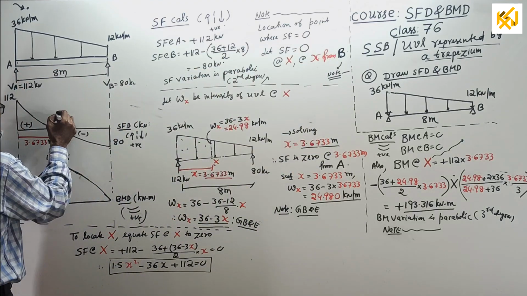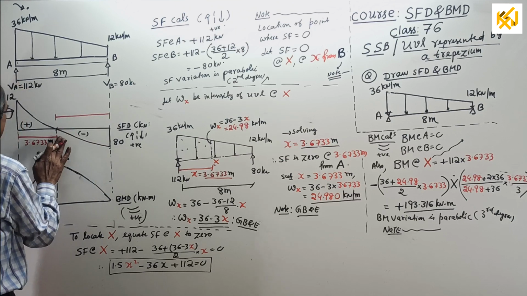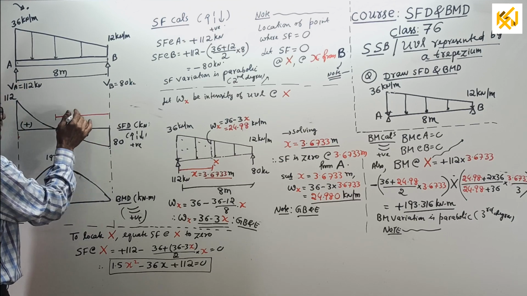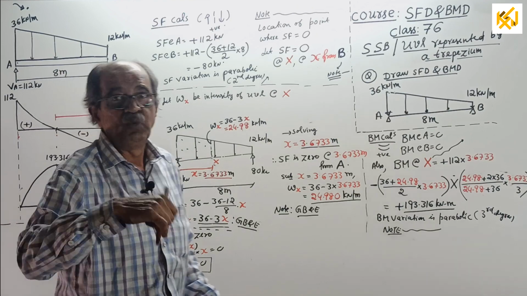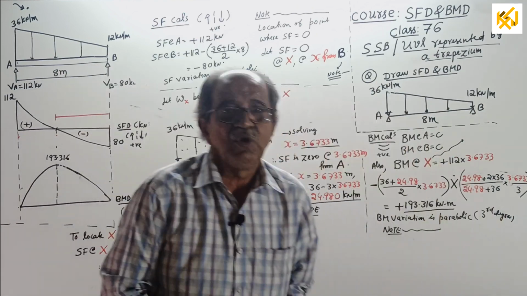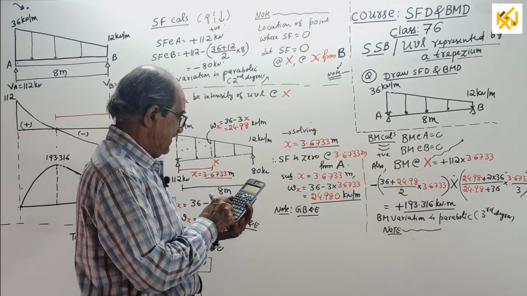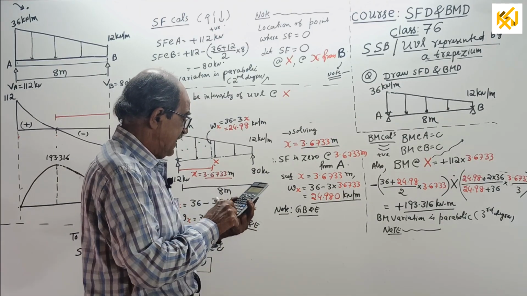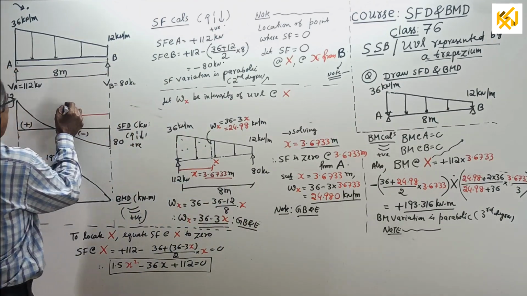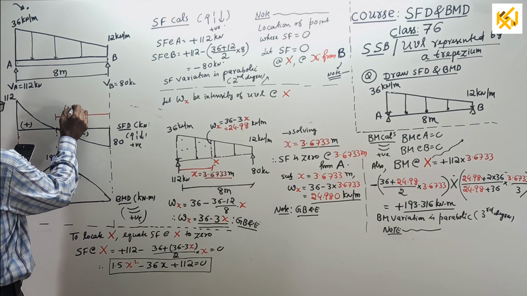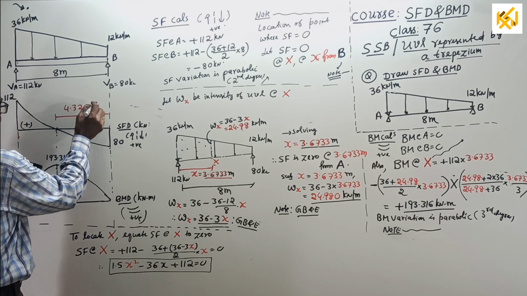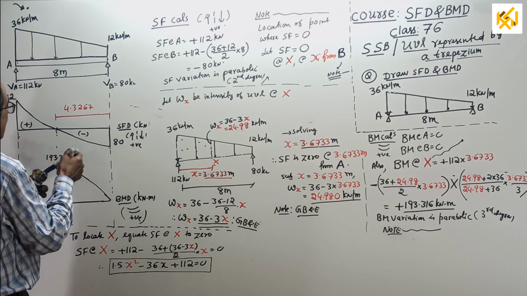Now you are taking x from B. Just because you take x from B, the BMD cannot change. When you got 3.6733 from this side, subtract it from 8, you will get 4.3267 meter. My guarantee.